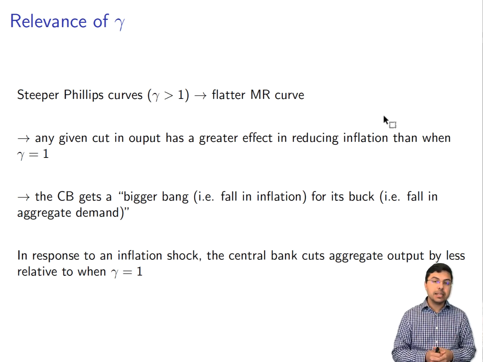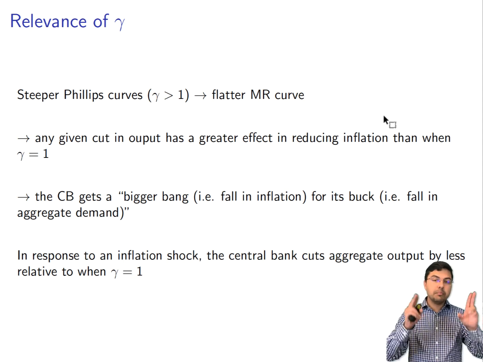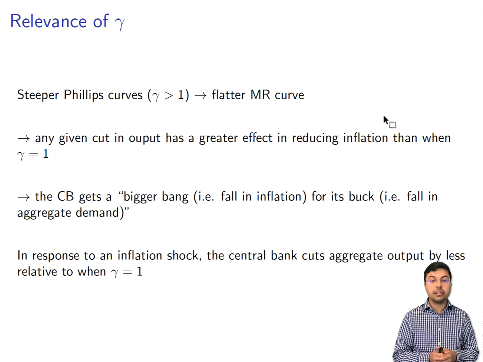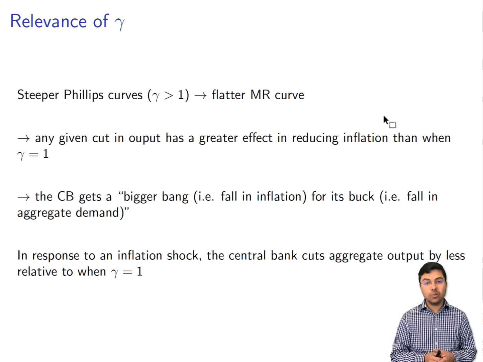What this implies is that the central bank gets a bigger bang for its buck. In other words, the central bank gets a bigger fall in inflation for a given cut in aggregate output. Hence, in response to an inflation shock, the central bank cuts aggregate output by less relative to when gamma is equal to 1.